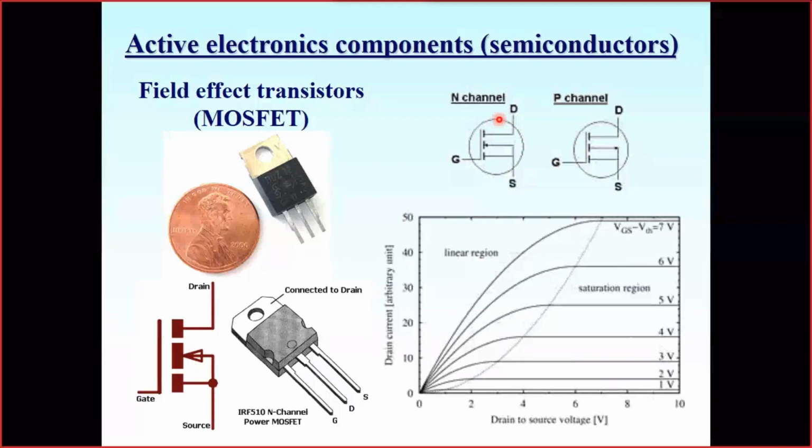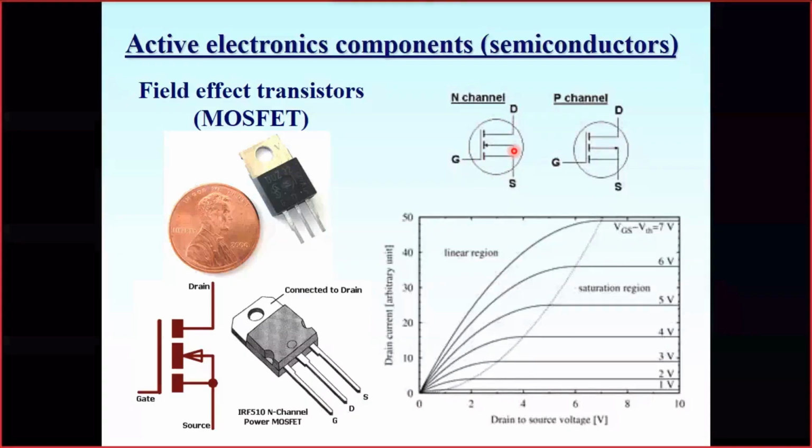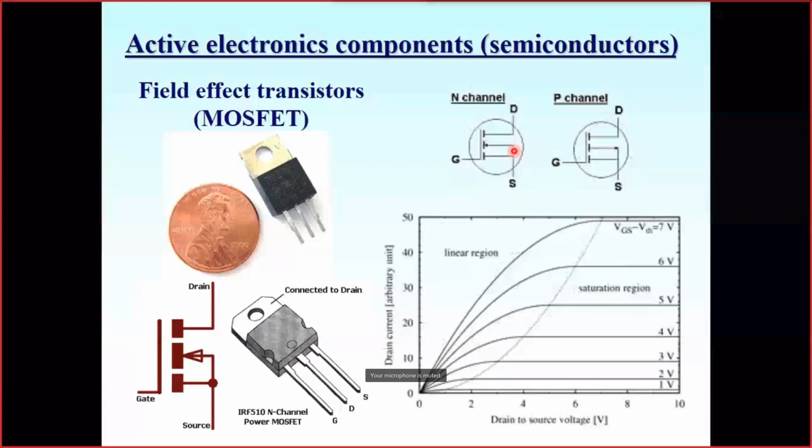The idea of this transistor is that by attaching positive or negative voltage to the gate, we attract or repulse the charge carriers from the area between source and drain. When the polarity attracts charge carriers, a conductive channel appears between source and drain, and the transistor starts to pass current by.